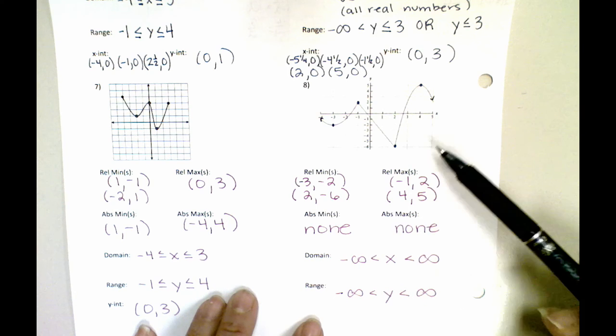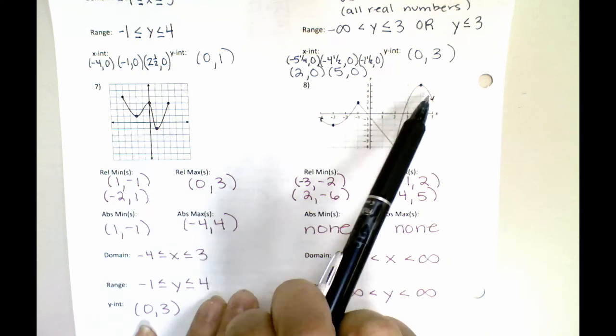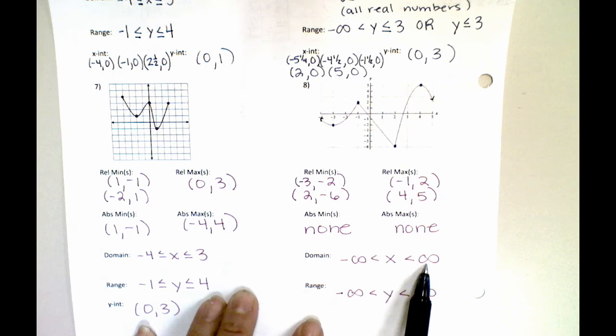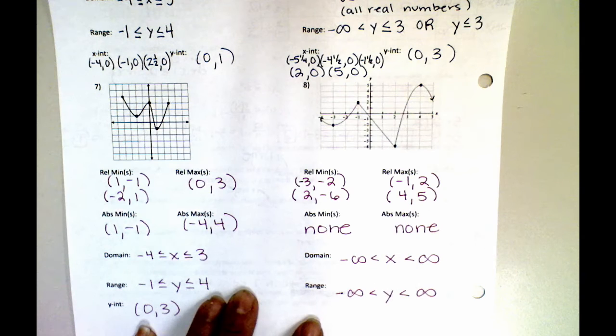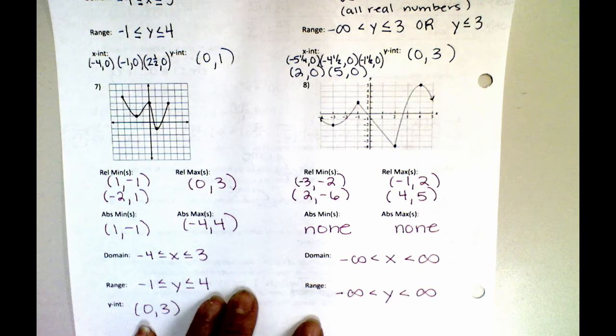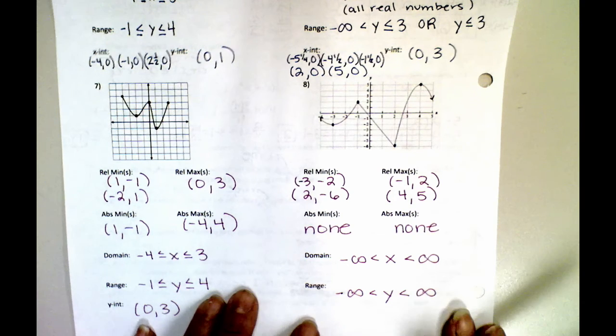On the right side, same thing. As I go to the right, this arrow is going to keep going to the right, so there is no bound on how far right I can go. So that gets a positive infinity. So -infinity to positive infinity is the domain, which is really saying that x can be any real number.